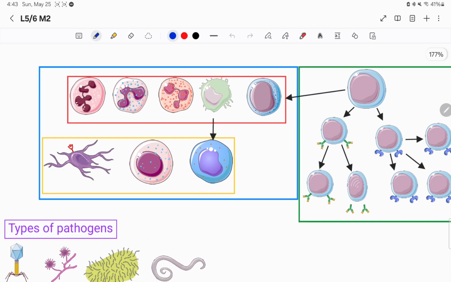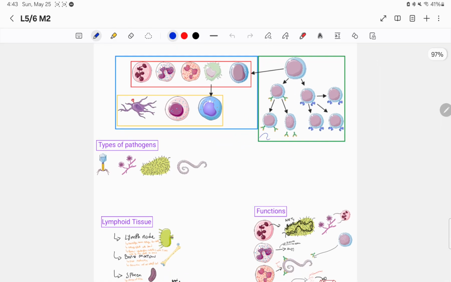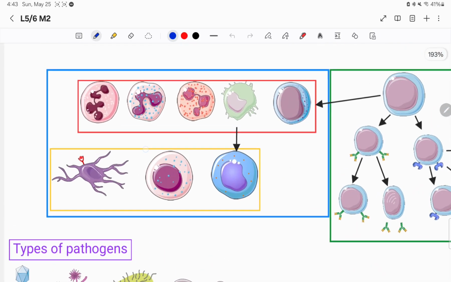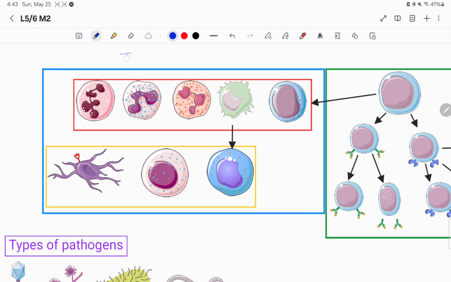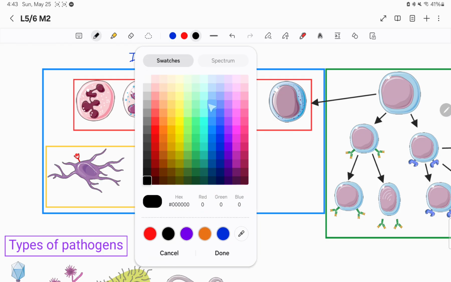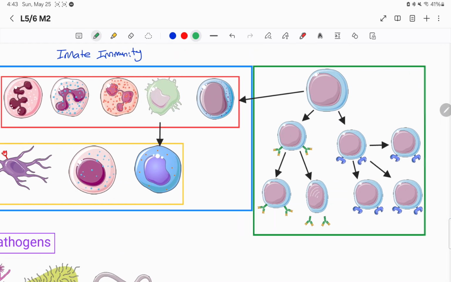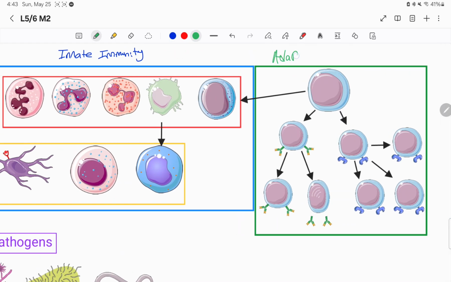Okay, so when we talk about the immune system, we can actually split it into two arms. There's an arm called the innate, and let's make this bigger. So this is the innate immunity. Okay, and then there is another portion of immunity called the adaptive arm, or the adaptive immunity.